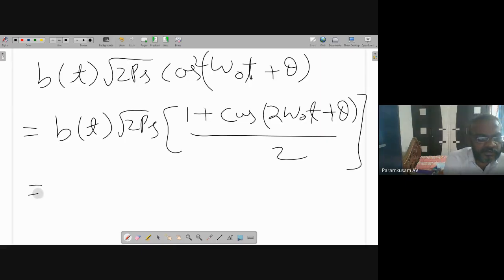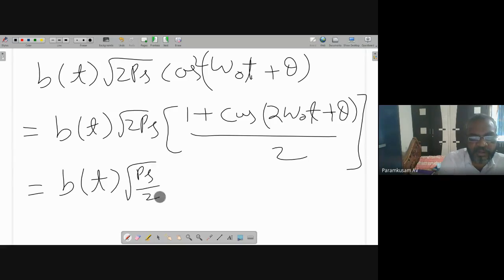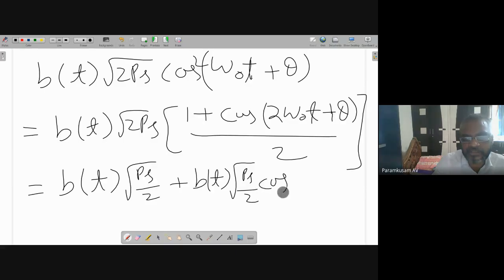Okay, this is equal to b of t into root 2 ps by 2, means root over ps by 2, ఒక టర్మ్ వస్తుంది, ఇంకో టర్మ్ ఏంటంటే b of t into root over ps by 2 cos 2 omega naught t plus theta.